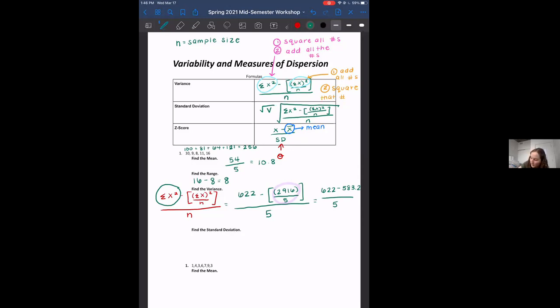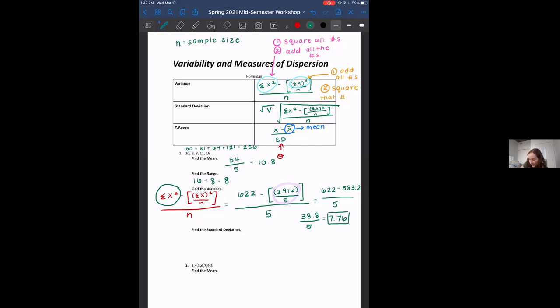Good, thank you. So 38.8 divided by 5. So now what is 38.8 divided by 5? Good, 7.76. Thank you. So 7.76. So that's our standard deviation.